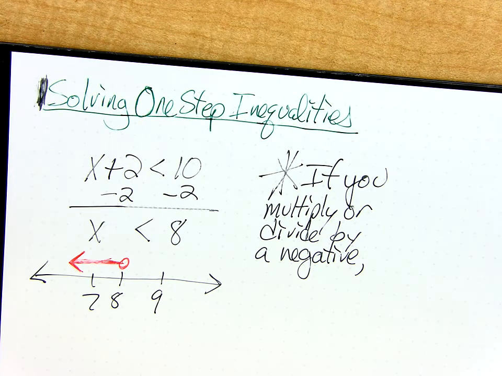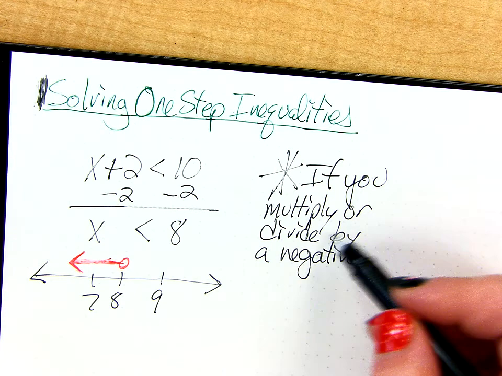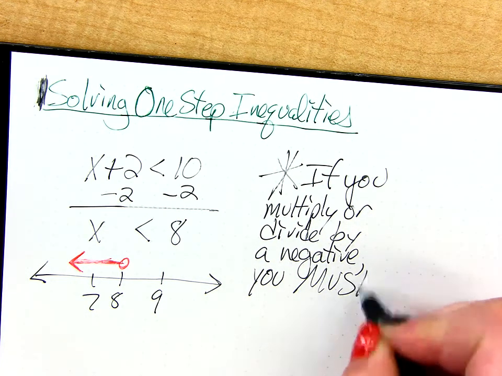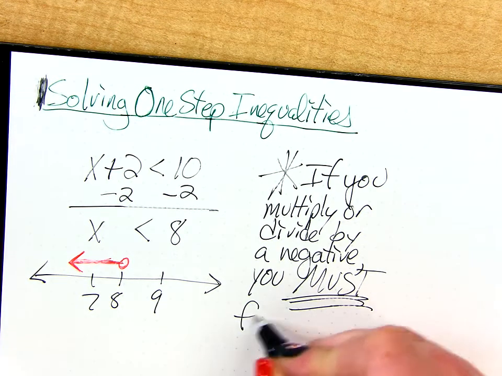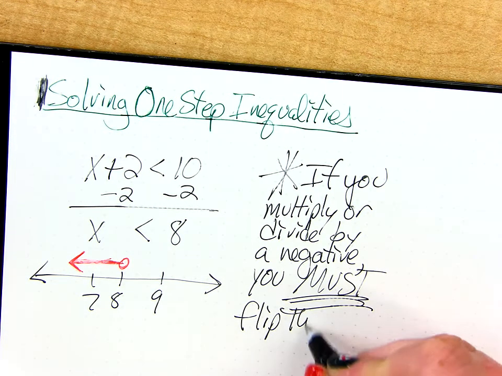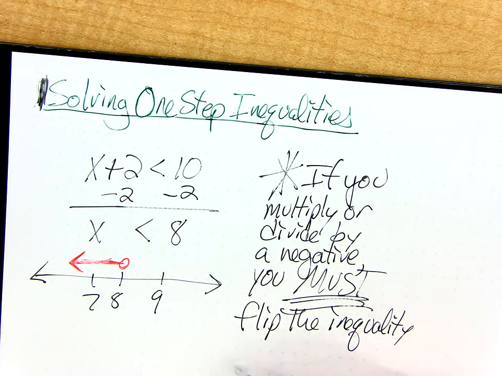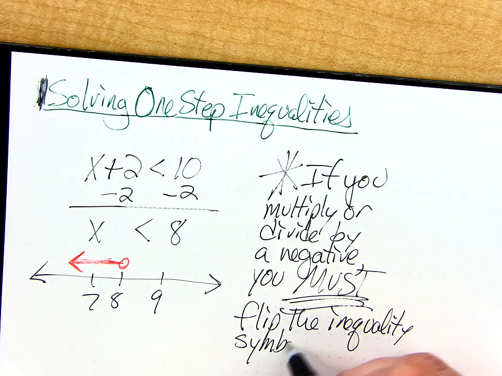It depends on the number, but something happens to the symbol. Does anybody know what you do with the symbol? Change. Kind of. You got to flip it over. If you multiply or divide by a negative, you must flip the inequality symbol over.